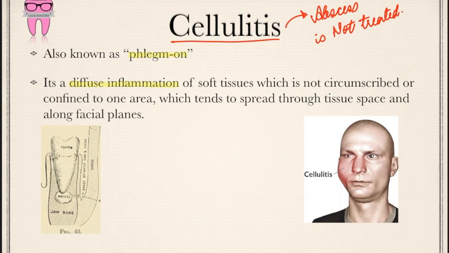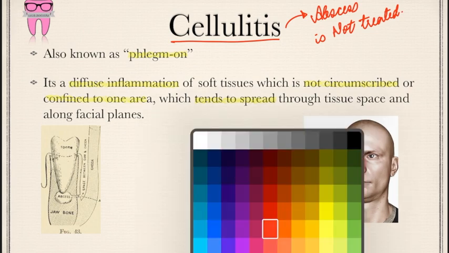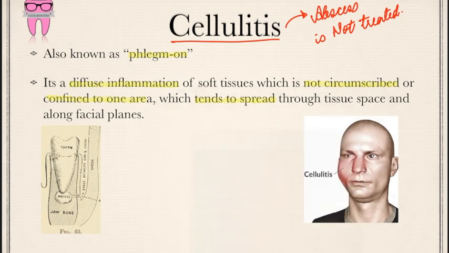If abscess spreads, which it mostly doesn't, but if it spreads into tissue spaces, it leads to cellulitis. It's a diffuse inflammation of soft tissues which is not circumscribed or confined to one area. It tends to spread through tissue spaces and along the facial planes. Like for example, over here, let me show you. This is an abscess.